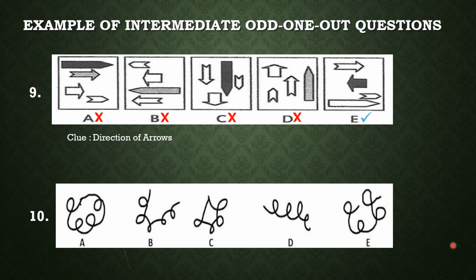So if we call out that the number of loops is the rule or pattern followed here, option B is not following that rule, and that should be the odd one out. So options A, C, D and E are following the same rule, but option B is not following that rule, and that should be the odd one out.